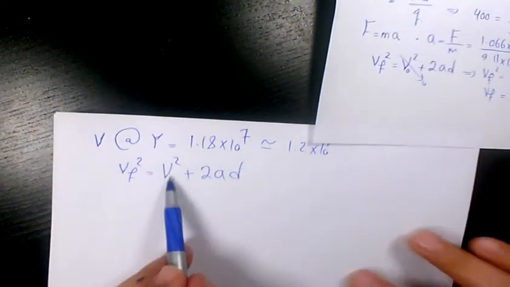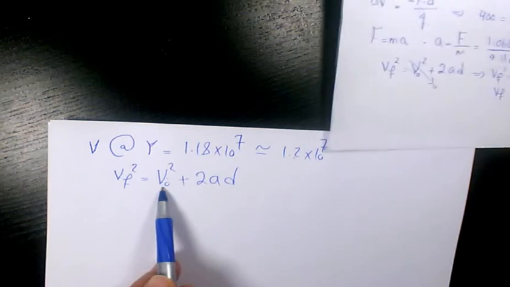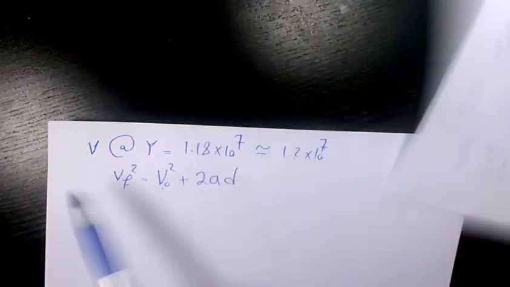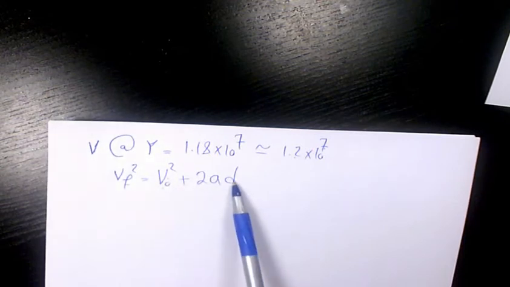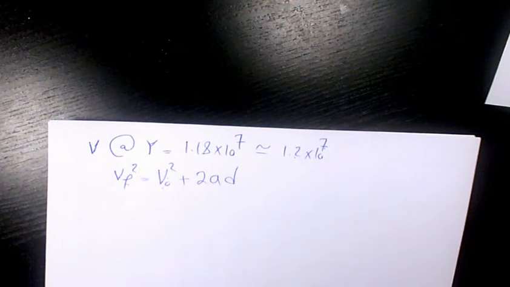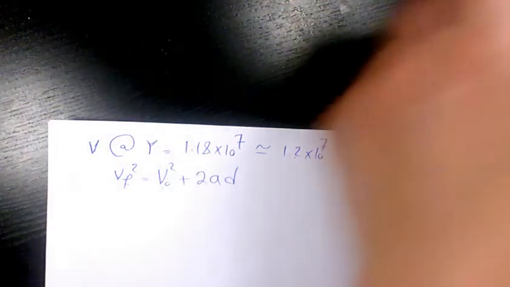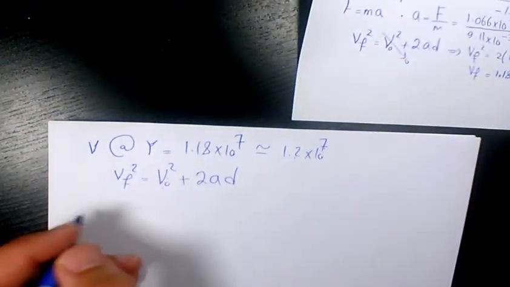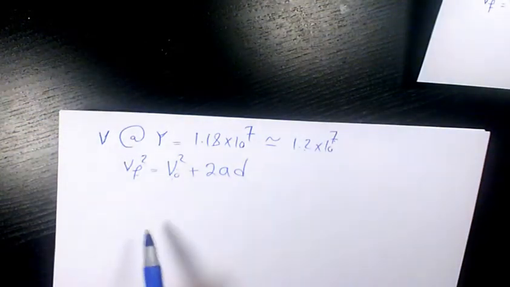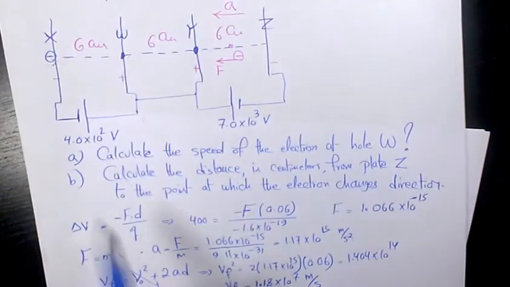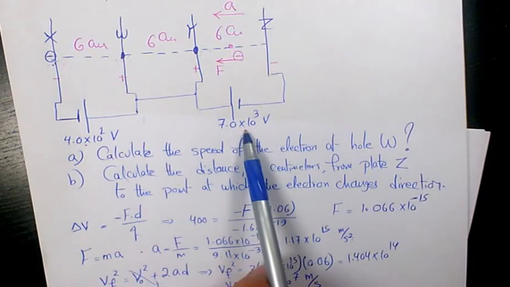This is the initial velocity now in the third compartment, and the final velocity is 0. We need to find D, but A is also missing. Let's find A first. We found it in part A, but the compartments in part A and here are different, so we need to calculate it again.